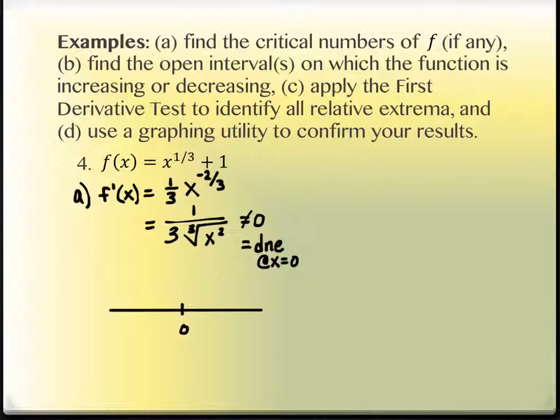So we're going to create our number line with x equals 0 on it. And can we test either side of x equals 0 pretty easily? Sure. I like the numbers -1 and 1. Are you guys good with those? Okay, so where am I going to plug these numbers back in? The derivative, very good. So we're going to find f prime of -1 and f prime of 1. And what do we get?